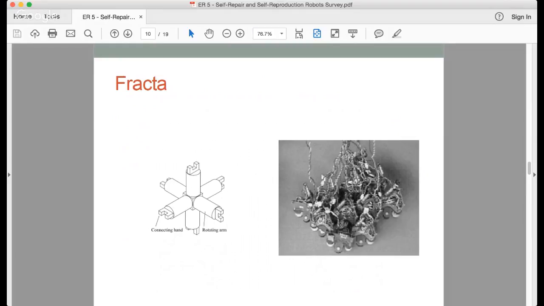The researchers who made Fractal considered self-repair as an extension of self-assembly. We mentioned earlier that self-repair is a special case of self-reconfiguration. However, the researchers who worked on Fractal considered self-repair as an extension of self-assembly that detects damage and lets the whole system reconstruct itself.